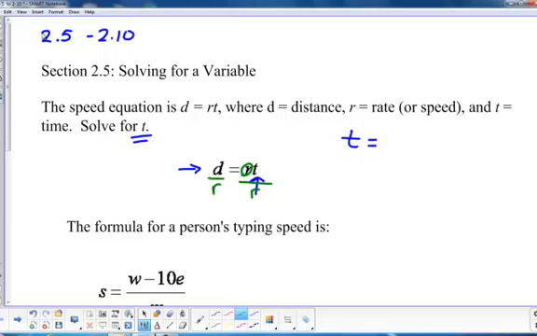What you do to one side, you do to the other to keep the balance. So you have D over R equaling T, because those R's cancel, which is why we did that. So T equals D over R. That's your answer.